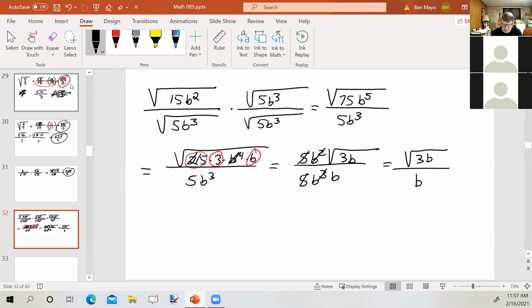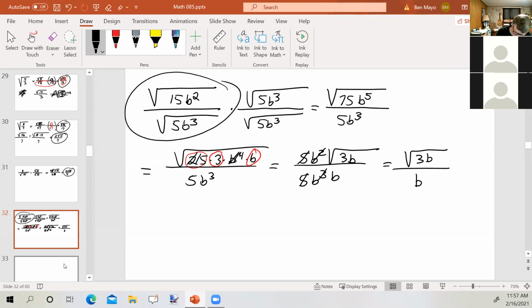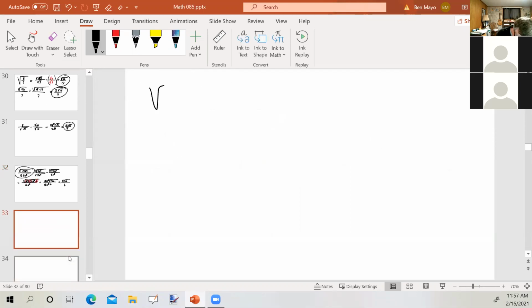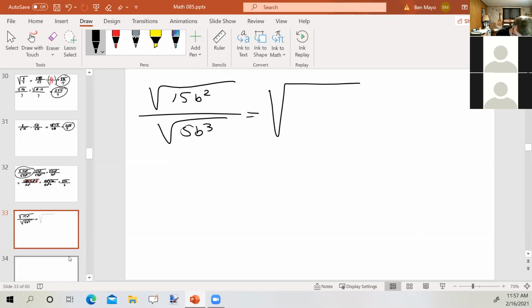Now, let's take a look at another way of doing this problem. So I'm going to start with this again. I could put them together as a single radical.